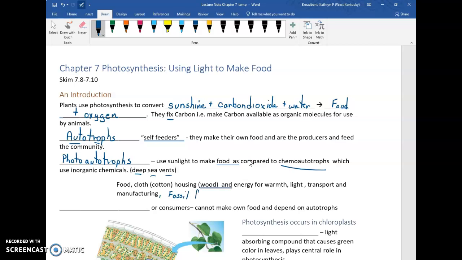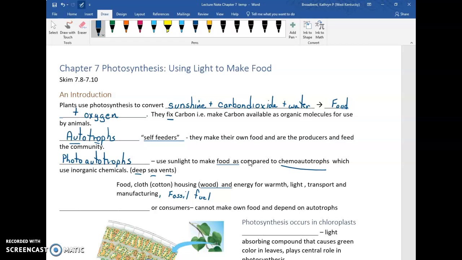Our fossil fuels like coal, natural gas, and oil are stores of energy from long dead plants. So a long time ago, fossil fuels were plants.